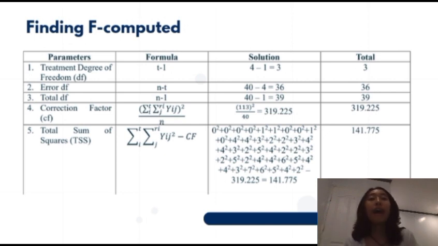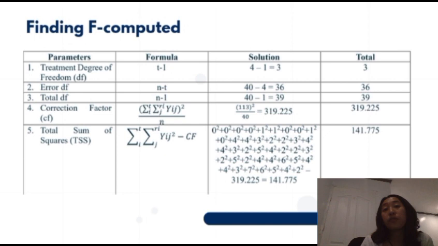So, if we're gonna go back sa previous slides, we have a total of 113. So, we're just gonna square that 113 divided by the value of n, or the number of replicates, is equals to 319.225.